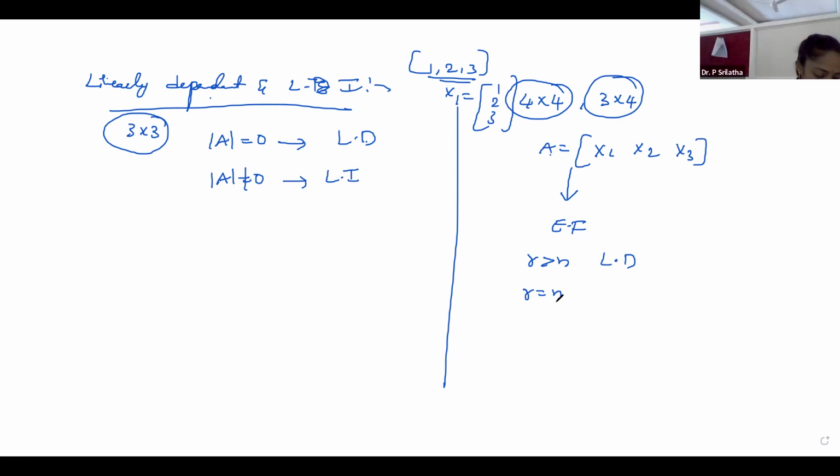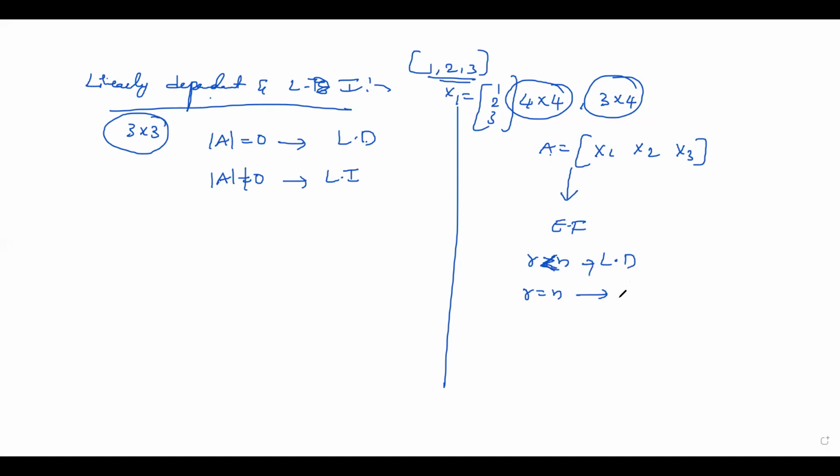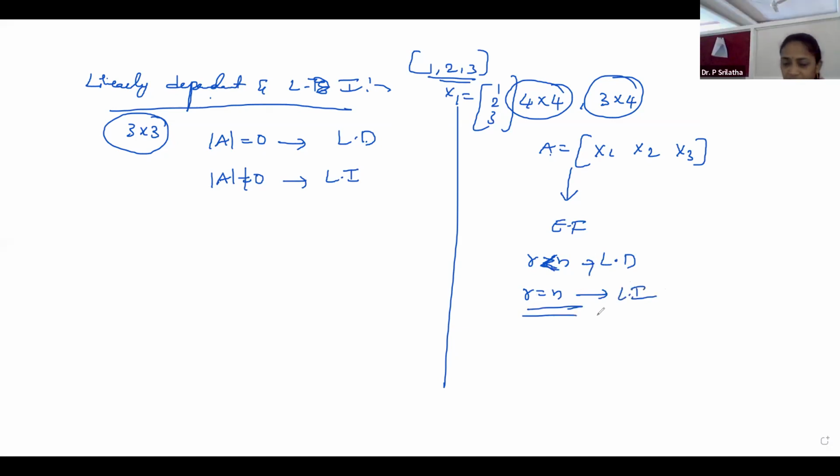Less than n, ma'am. If R is less than n, then that is linearly dependent. Otherwise, if R equal to n, that is linearly independent. Okay, so this is based on linearly dependent and independent.